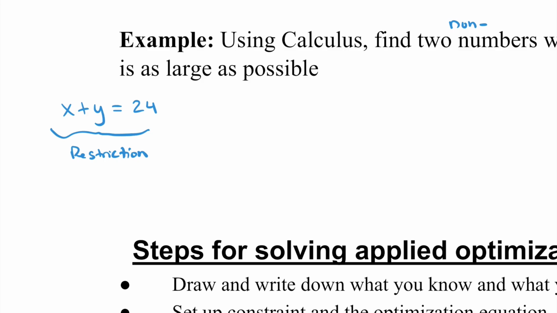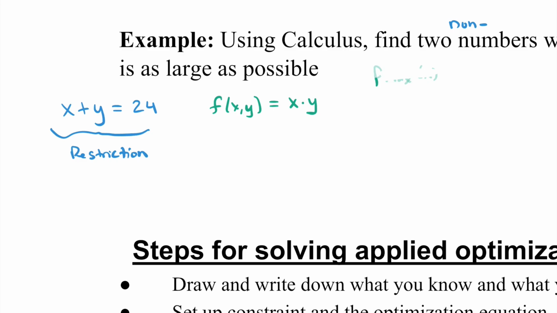The thing we're trying to optimize, our optimization function, is going to be a combination of x's and y's where we multiply them together. Now, I've seen it written this way. I've seen something like P max of x, where we're looking for the product, the maximum product.